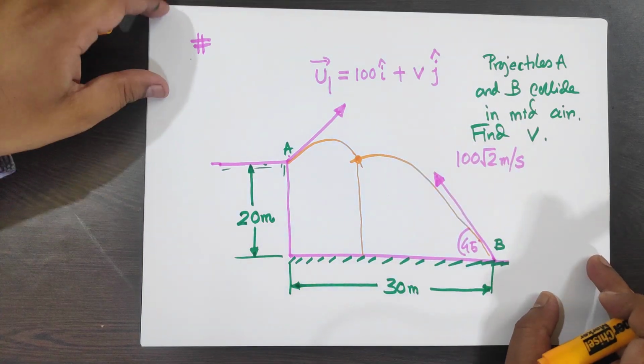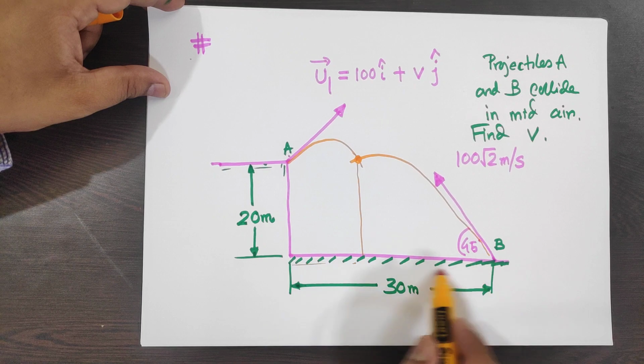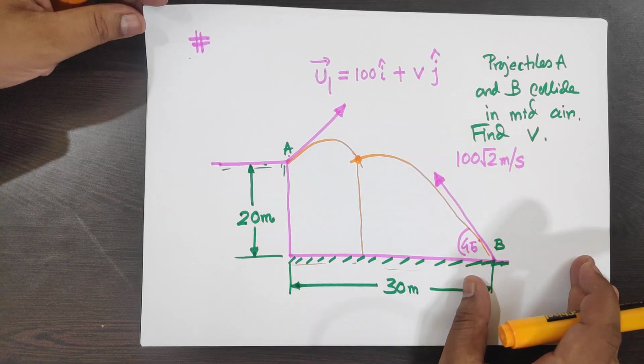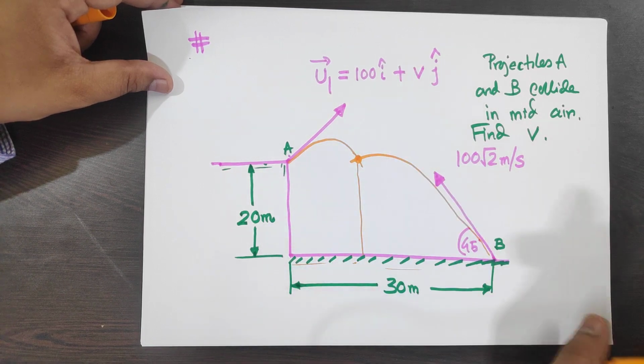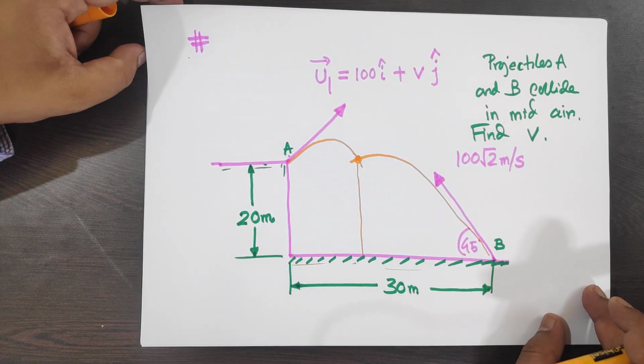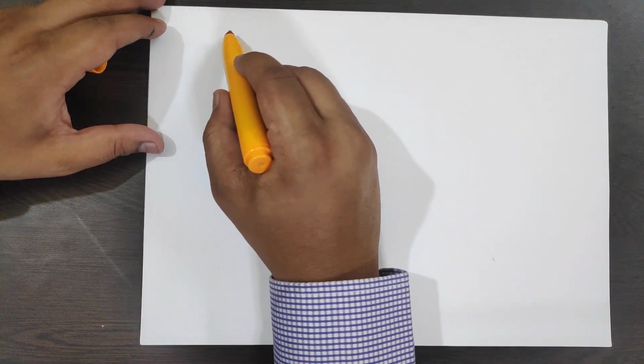Equate the y displacement and summation of the x displacement, this and this has to be 30, and the y coordinates from this level, ground level, has to be same. But don't go for that method, go for the easier and the more convenient method of relative motion.